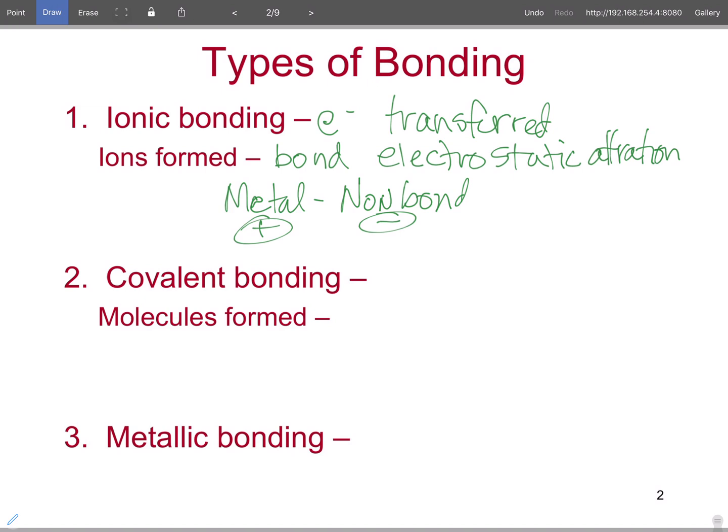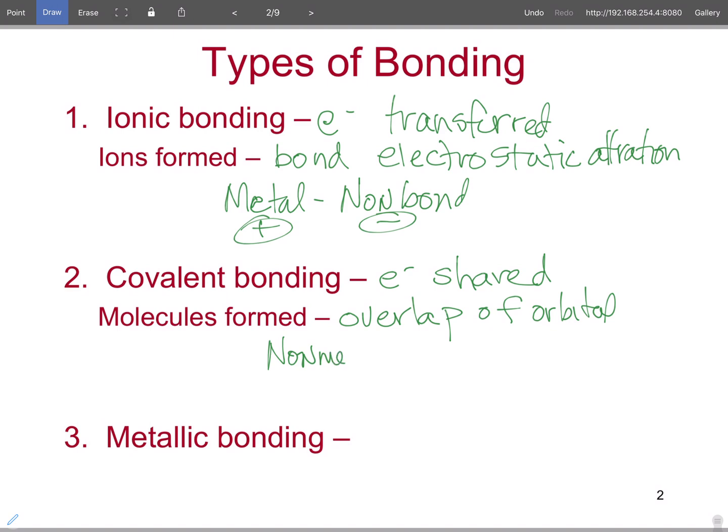Okay? Second type, and the one that we're going to spend the most time on in the next two chapters, is covalent bonding. We are going to do some ionic bonding stuff, but the majority of it is going to be covalent bonding. That's when the electrons are shared. Molecules are formed by the overlap of orbitals, and this is where you have non-metal bonds.